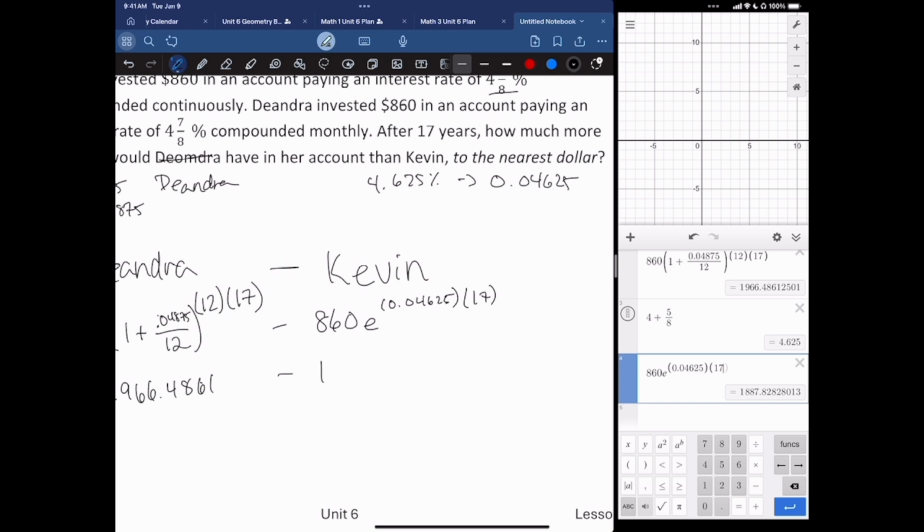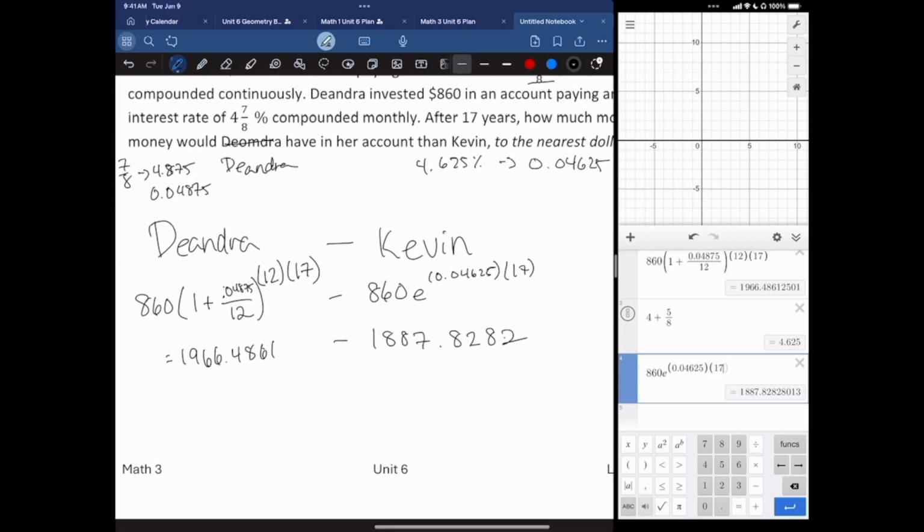So we'd have gotten 1887.8. Oh my goodness, fat fingering it a lot tonight. All right, so we're going to stop there.